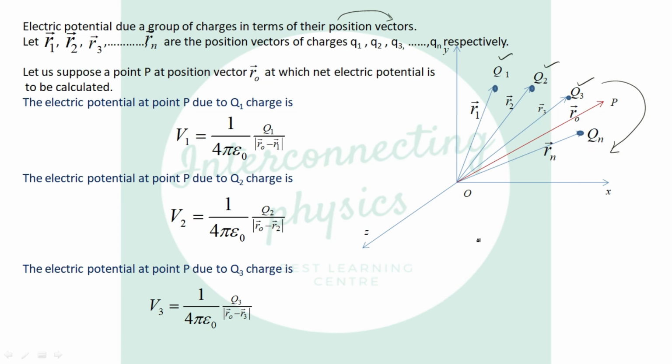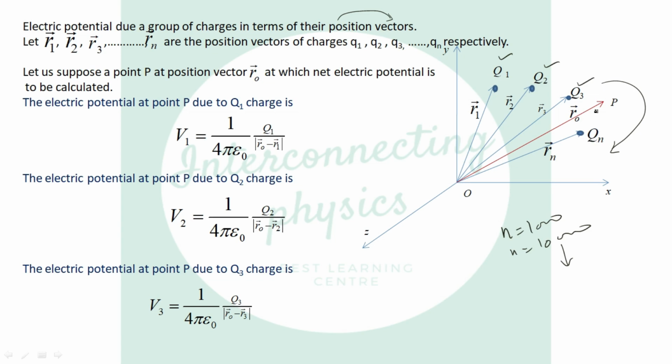Because for our convenience we take only a few charges, because n can be 1000, n can be 10,000, and can be more than this. But on a single page it is very difficult to draw all the charges and calculate the individual potentials. It will be a very complex situation. So for our convenience, we take a few charges only and we generalize as Qn.